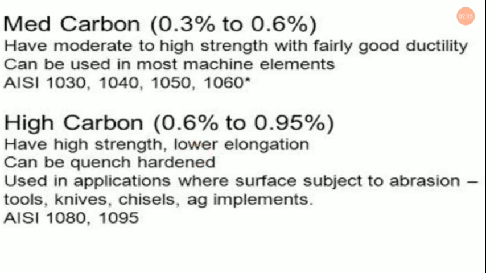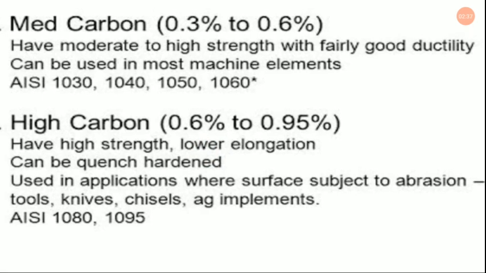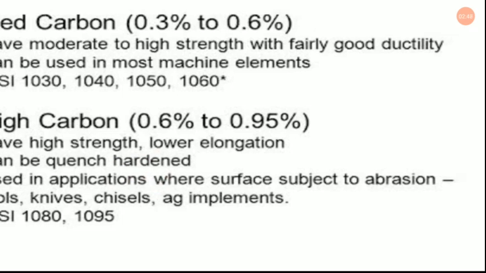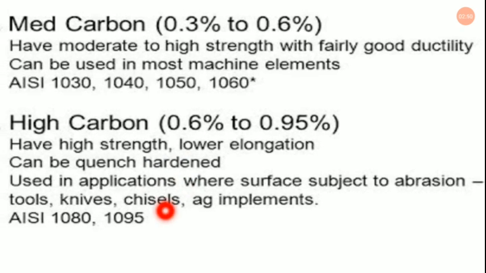High carbon steels having 0.6% to 0.95% have high strength, lower elongation, can be quench hardened, and can be used in applications where the surface is subject to abrasion: tools, knives, chisels, agricultural implements. AISI 1080, 1095.